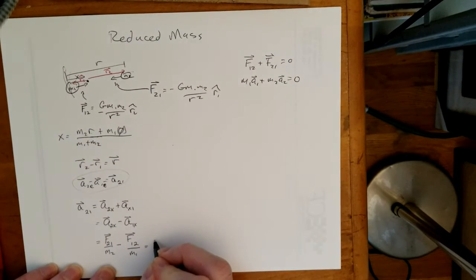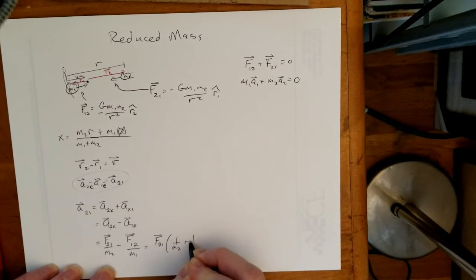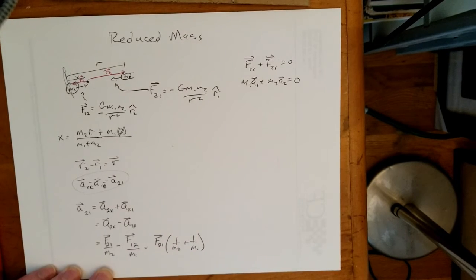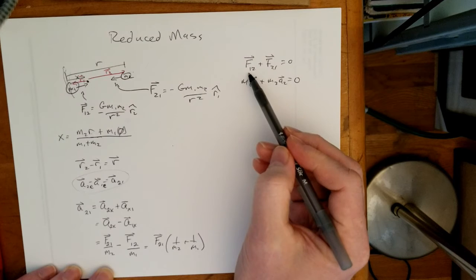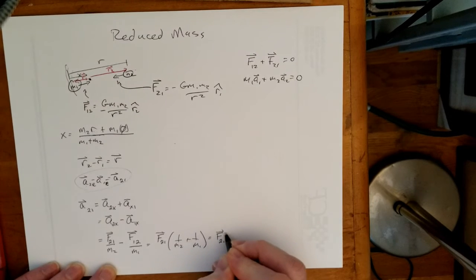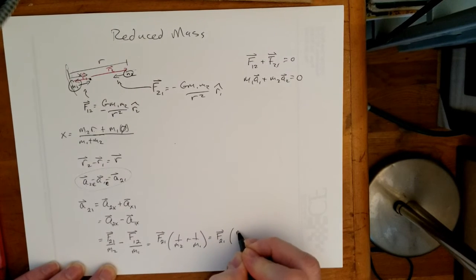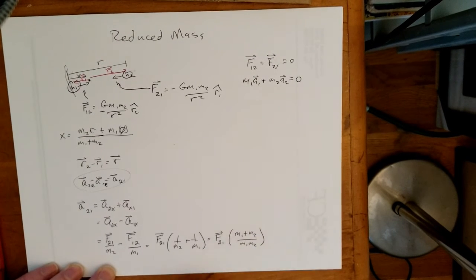And from over here, this is the force on 2 from 1 times 1 over mass of 2 plus 1 over mass of 1, because remember that F21 is the negative of F12, and vice versa. This is the force on 2 from 1 times mass 1 plus mass 2 over mass 1 mass 2.